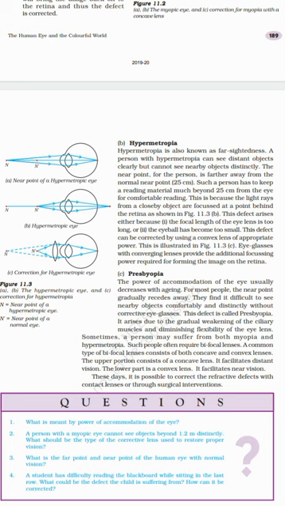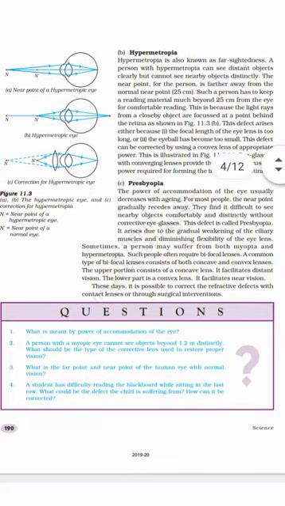But in presbyopia, how can we correct this? By using a bifocal lens. Bifocal means two types of focal length, one for concave and one for convex. The upper portion is for concave and the lower portion is for convex. This is called presbyopia.